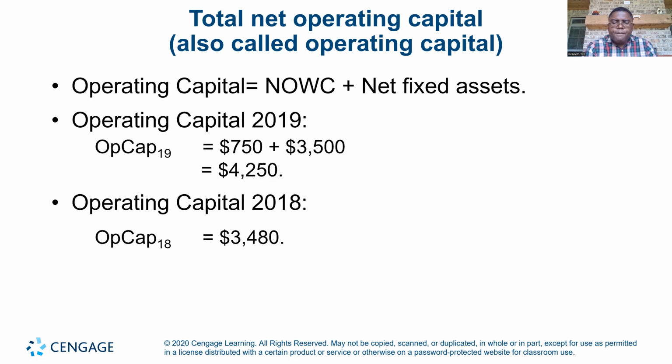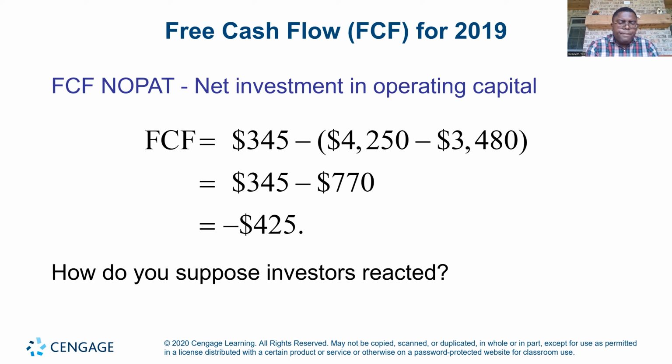We go to step 4. Step 4 is the net investment in operating activity. Then step 5 is the free cash flow, which is equivalent to the net operating profit after taxes generated in step 1 minus the net investment in operating capital, which we generate in step 4.